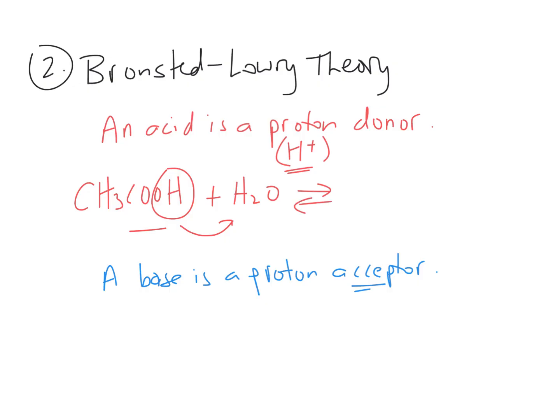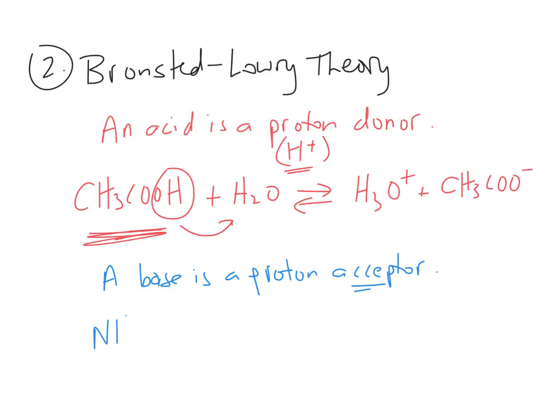So what the product is H3O plus, because it donated that proton, and CH3COO minus, the ethanoate ion. So we can see in this process the ethanoic acid molecule has donated a proton to water.